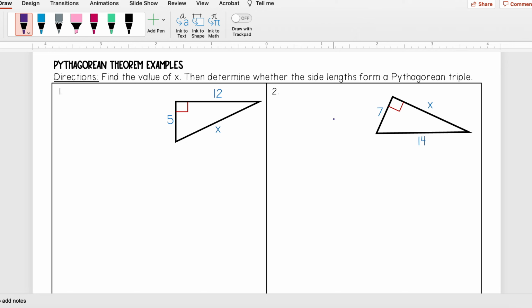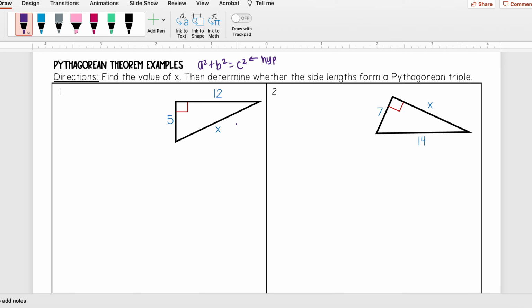So when I'm going through these, the first thing I like to note is which one's my hypotenuse, because I know with the Pythagorean theorem, which again is a squared plus b squared equals c squared, my hypotenuse is my c. So it's going to be the one that's by itself in the equation. A and b, it doesn't matter which leg I assign as a and b, it just matters with my c.